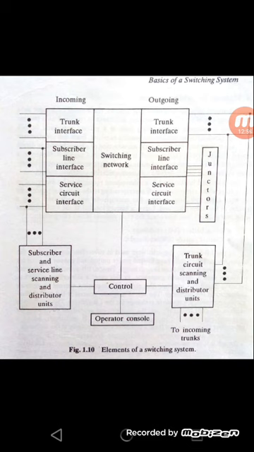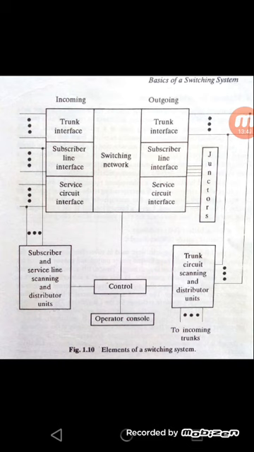A switching network uses trunk interface, subscriber line interface, service circuit interface, subscriber and service line scanning and distributor units, trunk circuit scanning and distributor units, control, operator console, junctors, and also incoming trunks. Incoming trunks give or provide input signals to the switching network.